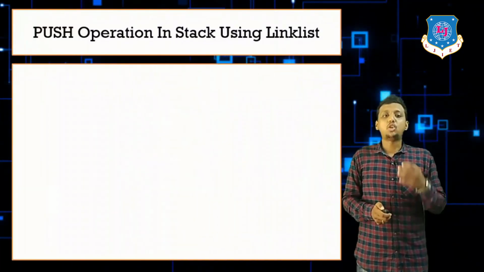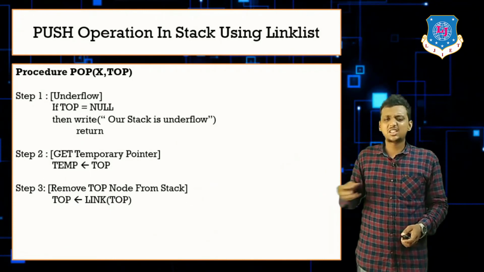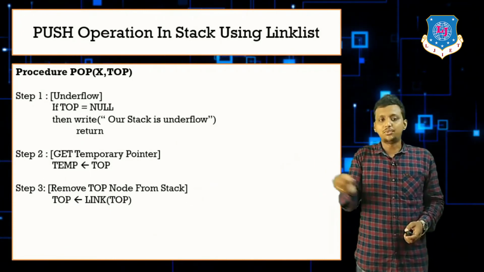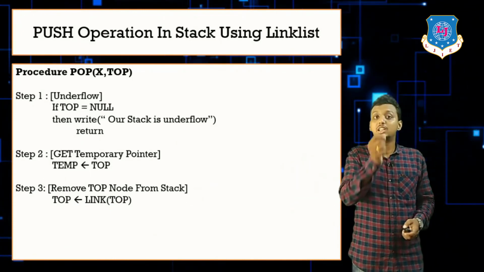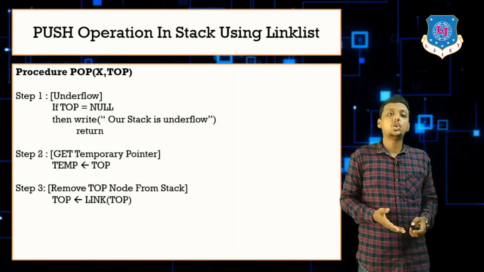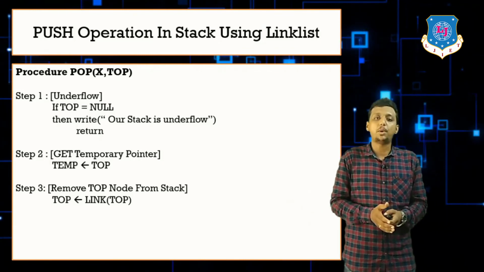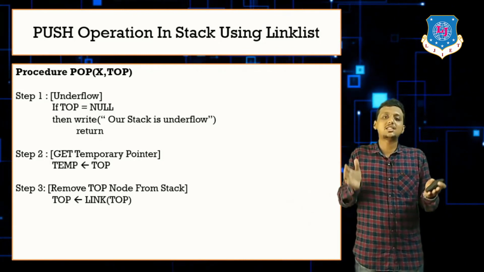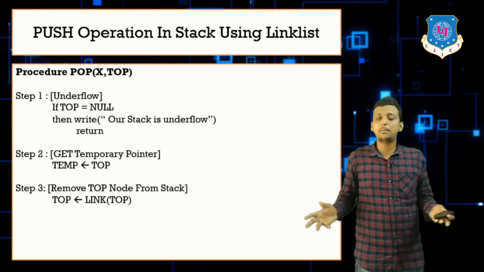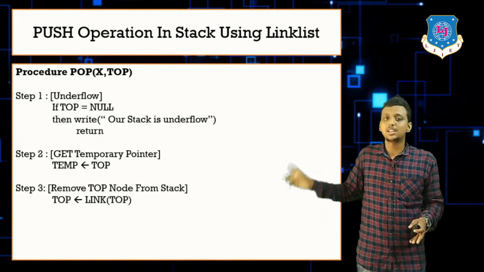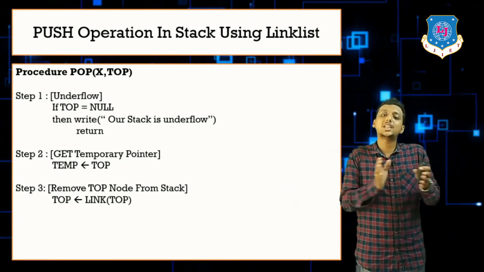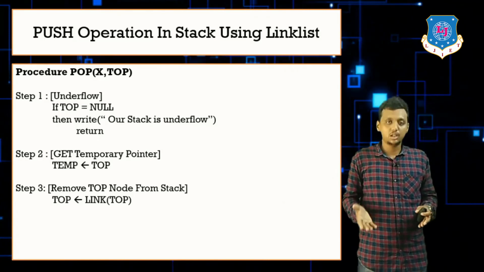And when I'm talking about the algorithm, here it is. These are very basic steps. The first step, you need to check whether my stack is there or not. Here in stack we have the top pointer only. Please don't write top is equal to 0, that means stack is empty. No, students, this is a linked list. So just write top is equal to null, that means stack is underflow.